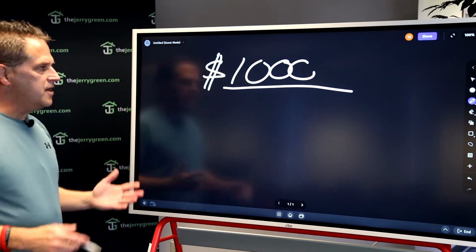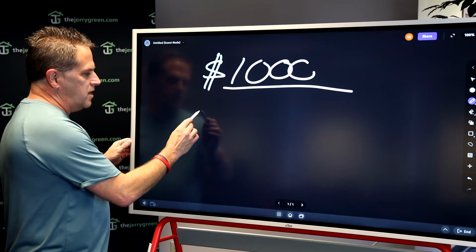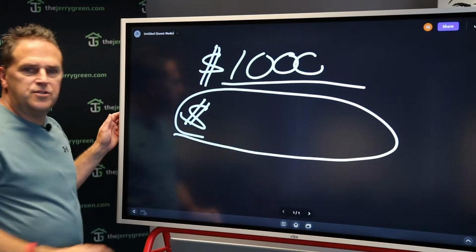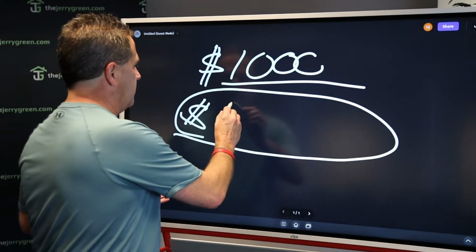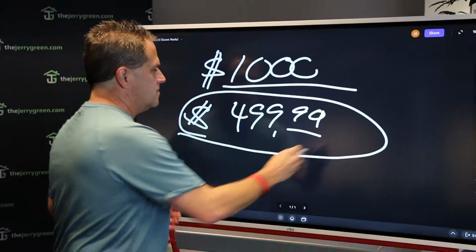Now, here's the thing, that is the regular price. But what's happening is, let's just say they're running a special on this. So that special for this particular TV is running at, let's say, $499.99.